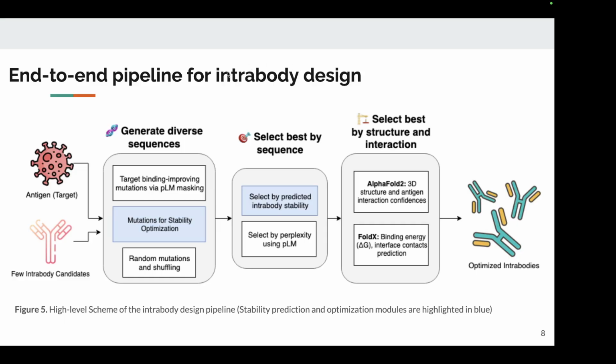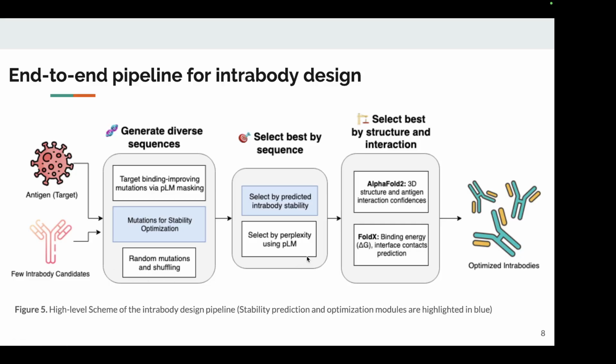And here is the whole pipeline. As you can see, as an input, it takes an antigen, like a target, and a few initial intrabody candidates, which don't have to be good, but we need to start somewhere. Then we use different methods to generate a lot of different intrabody candidates.